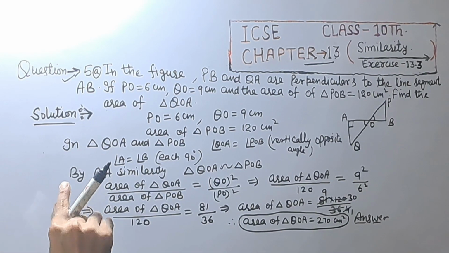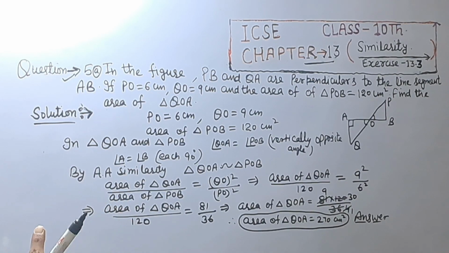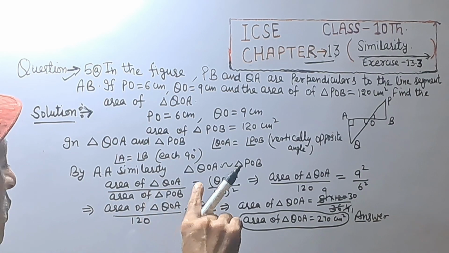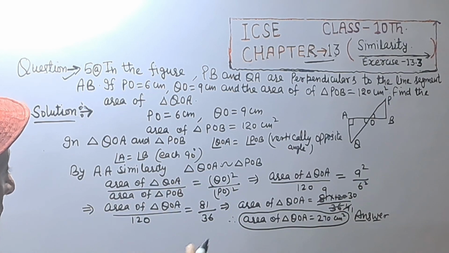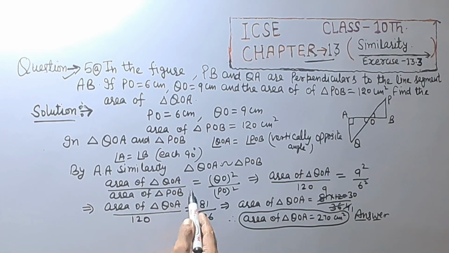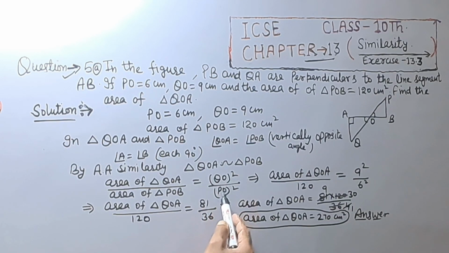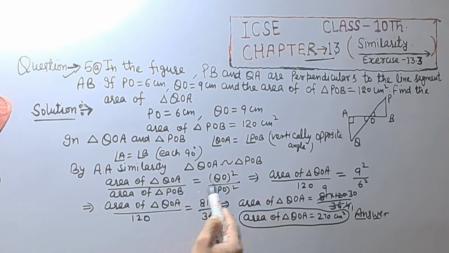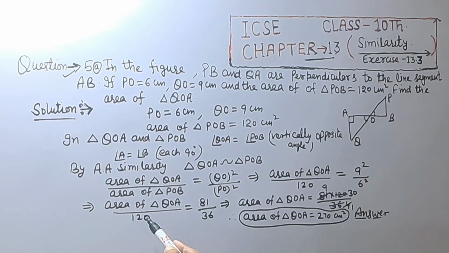We know that the ratio of area of two triangles is equal to the ratio of square of two corresponding sides, that is area of triangle QAO upon area of triangle POB is equal to QO square upon PO square, which implies area of triangle QOA upon 120 is equal to 9 square upon 6 square, that is 81 upon 36.